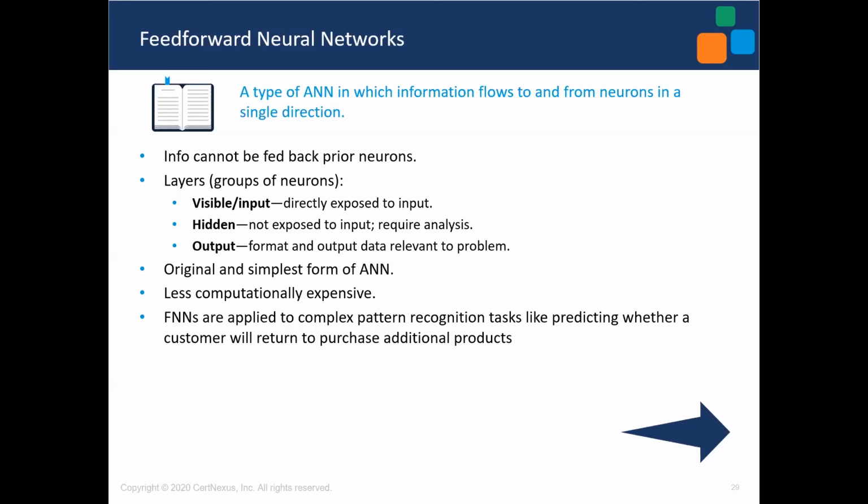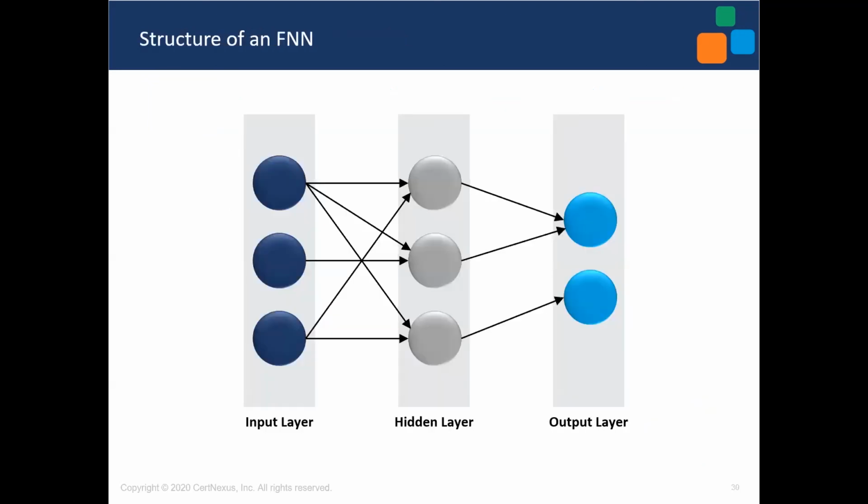Feed forward neural networks are applied to complex pattern recognition tasks. Again, as a customer that has come to your site, are they likely to return and purchase additional products? A lot of that intelligence is gained through our e-commerce platforms, our marketing automation systems, CRMs, et cetera, as well as a large number of other systems in our environment that we use today.